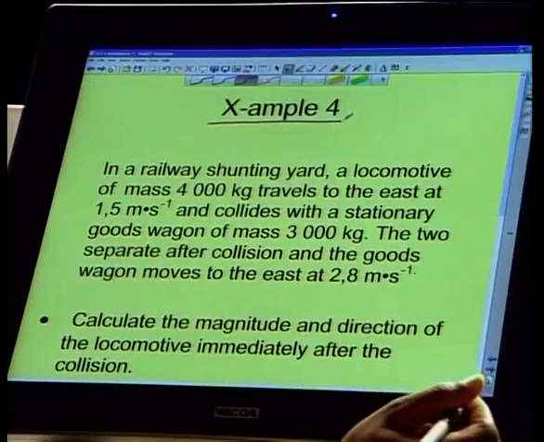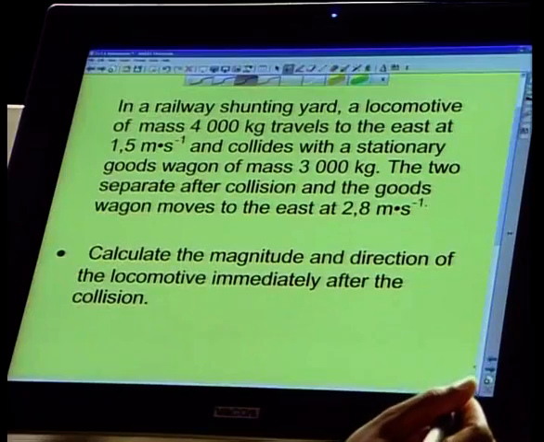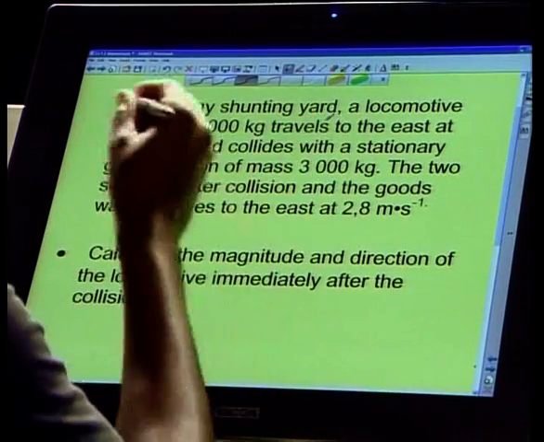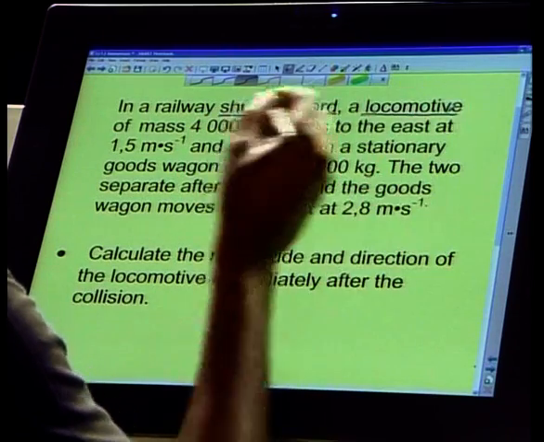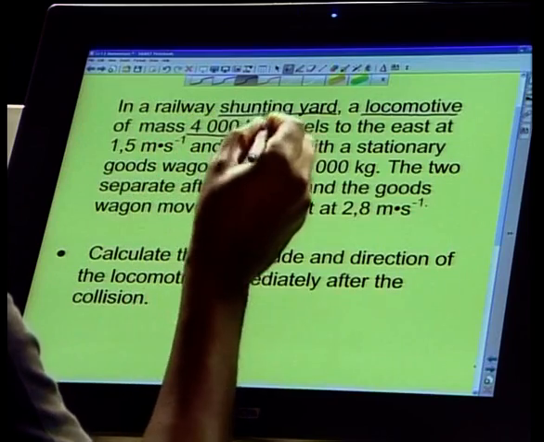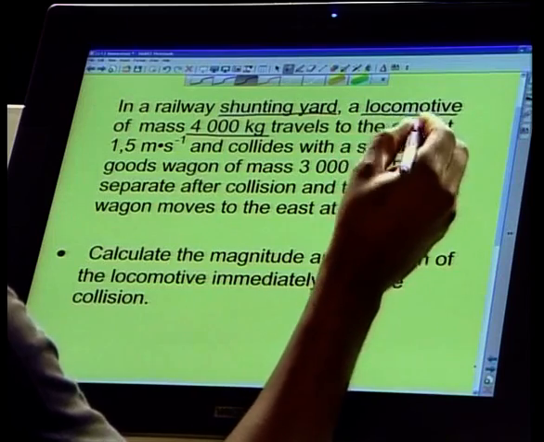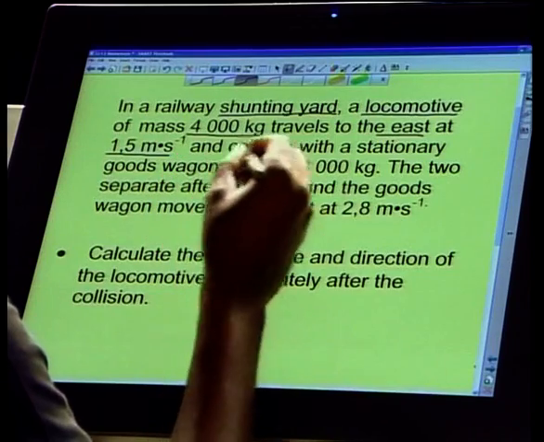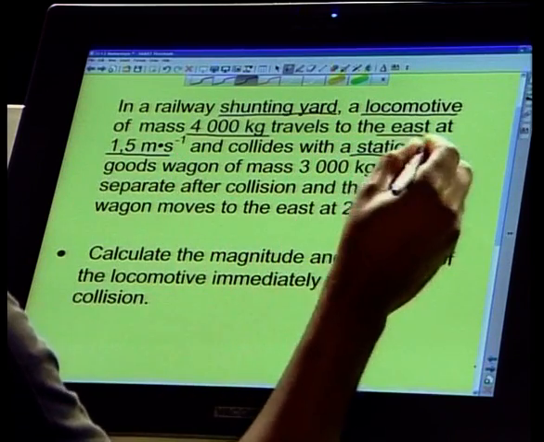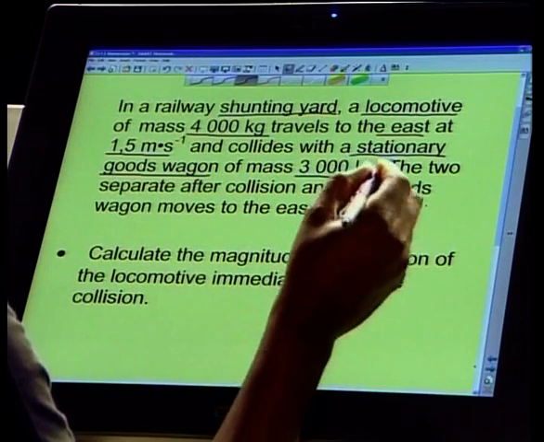Let's see. We have here some information. In a railway shunting yard, a locomotive of mass 4,000 kilograms travels to the east at 1.5 meters per second and collides with a stationary goods wagon of mass 3,000 kilograms.